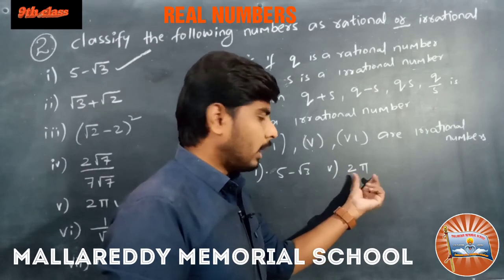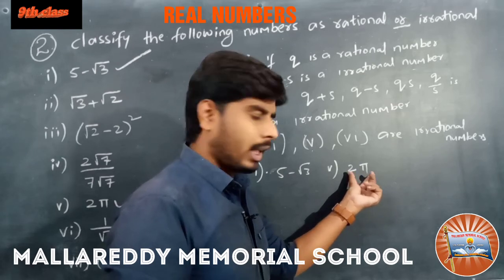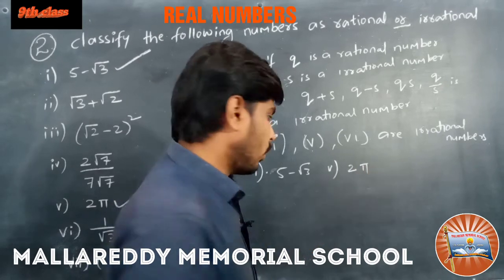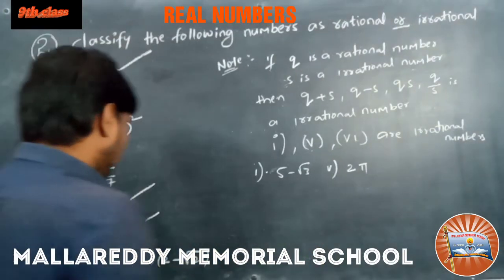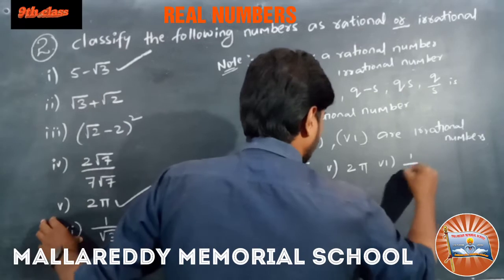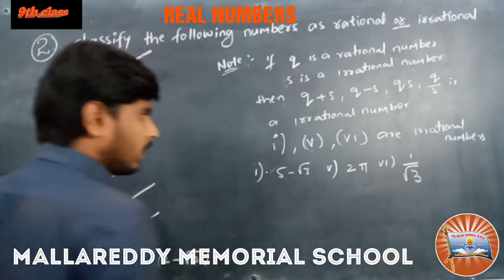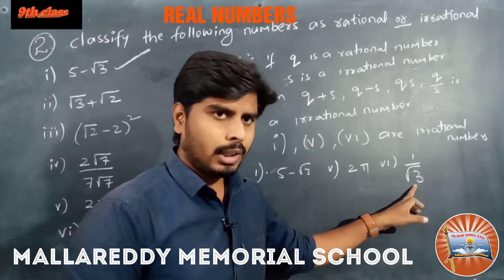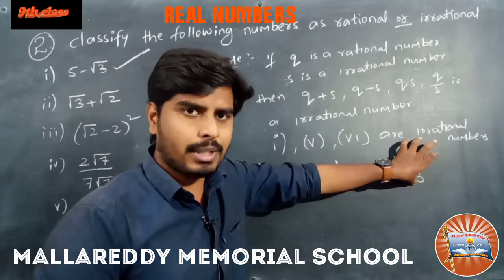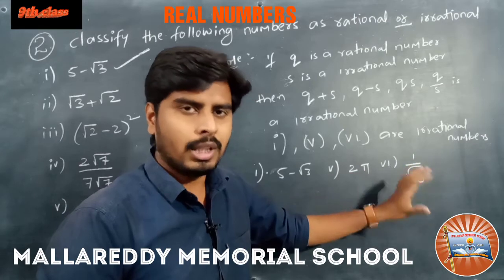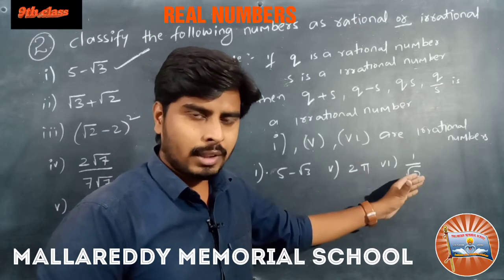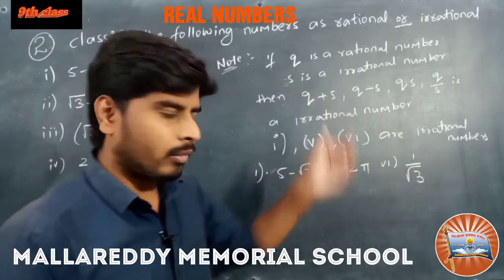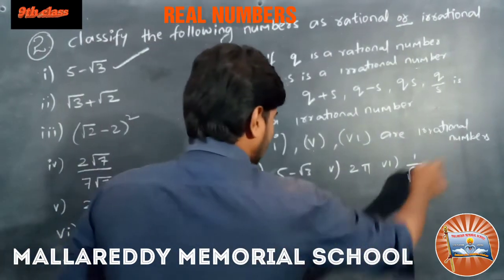We have multiplication between them, so we get an irrational number only. And the sixth one, 1 by root 3. Here 1 is a rational number, root 3 is an irrational number. We have a division operation between them, so we get an irrational number by this note. So these three are irrational numbers.